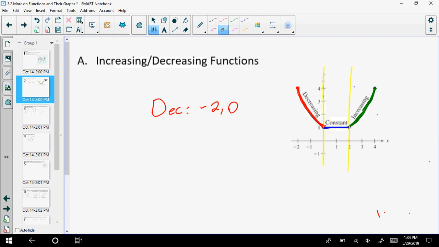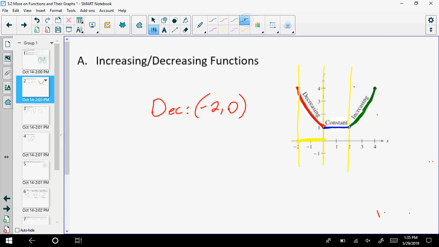So if you draw a vertical line here, between x is -2 and x is 0, my graph was falling. And that's what this means. They will always use parentheses. If you use brackets, I won't count off. The parentheses or brackets don't really matter on these because I'm more concerned with what's happening in between. I don't really care what's happening at the values.